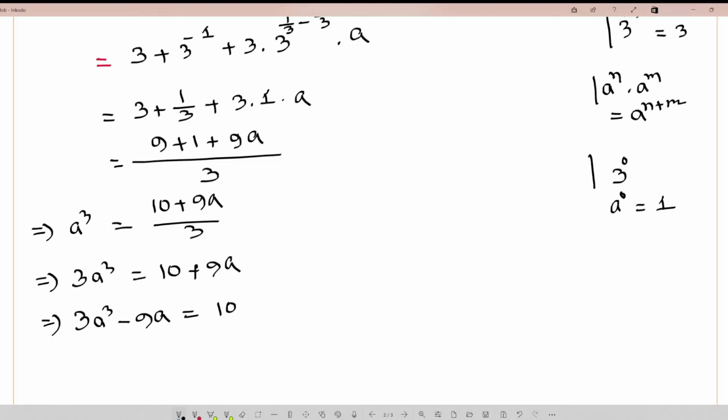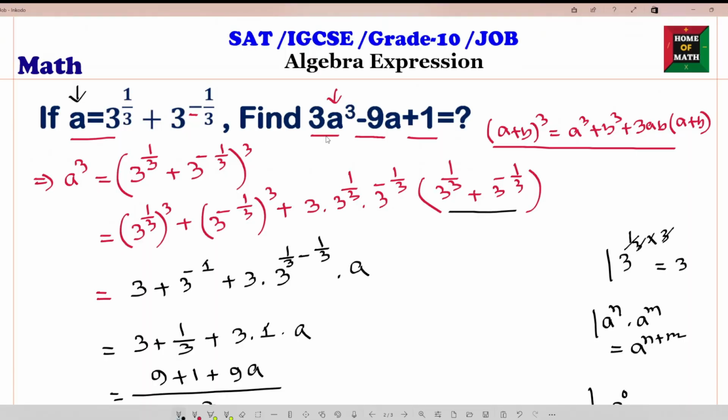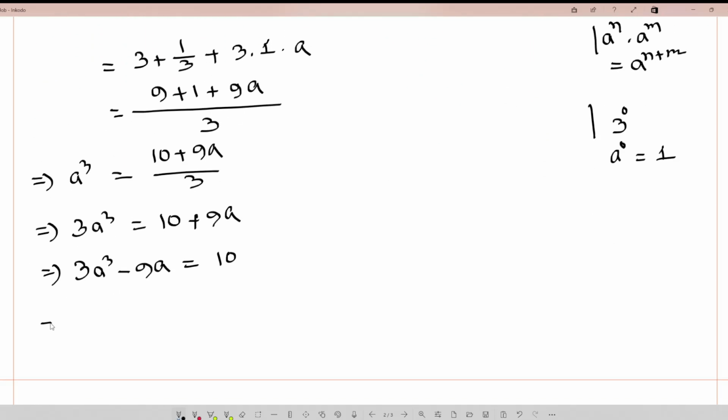Now the most interesting and thrilling matter: we need 3a cube minus 9a plus 1. So we add 1 to both sides: 3a cube minus 9a plus 1 equals 10 plus 1, so the answer is 11.